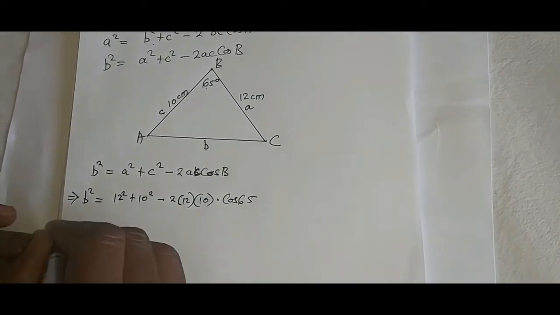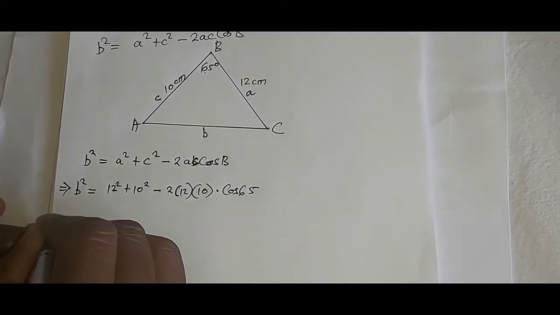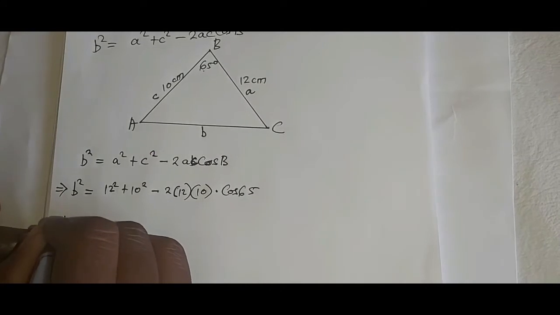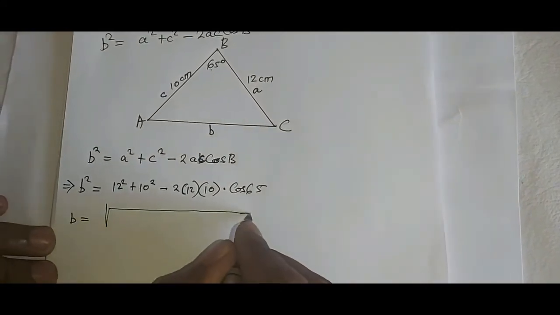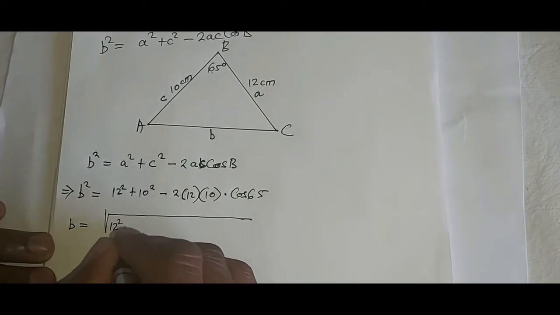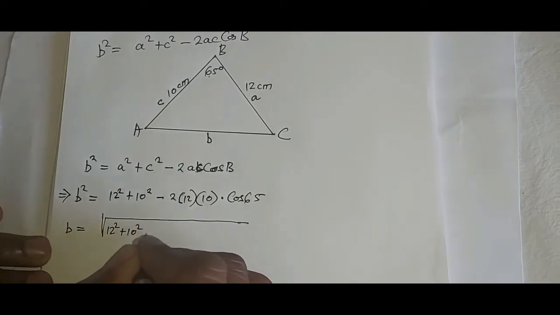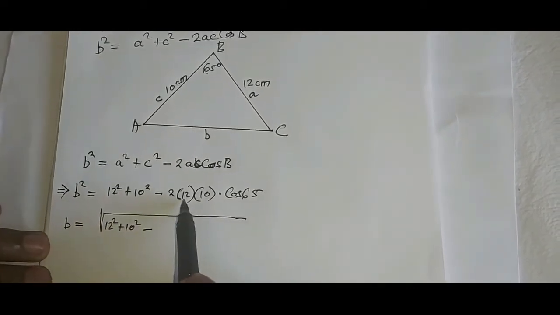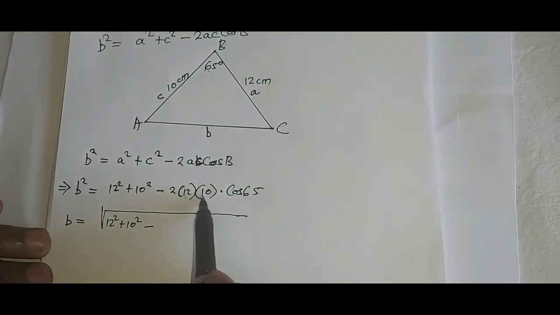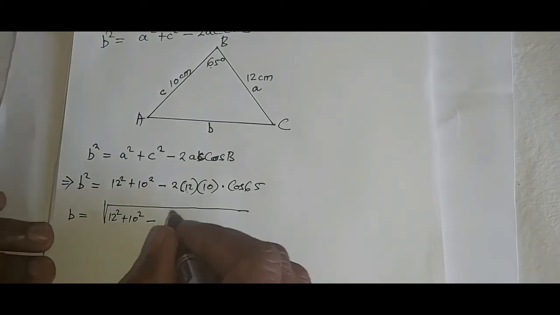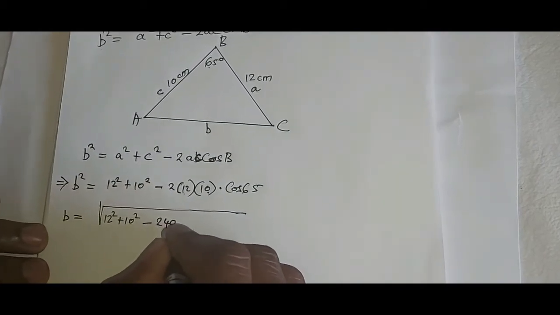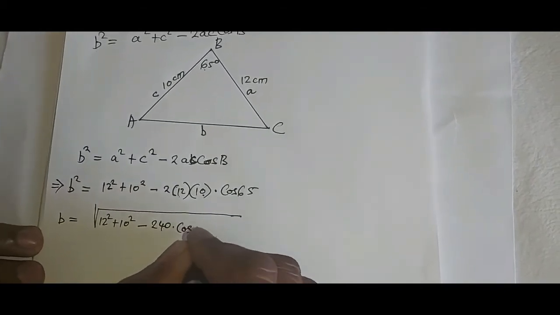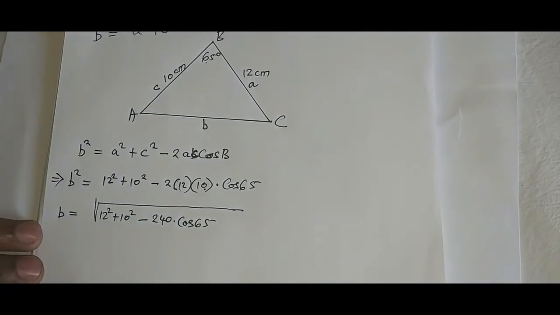Therefore my B will now be the square root of everything here, that is 12 squared plus 10 squared minus 12 times 10 times 2, which is 120 times 2, 240, multiplied by cos 65.